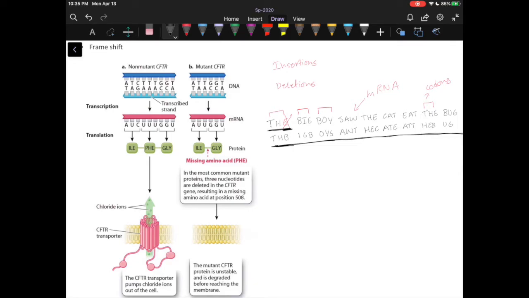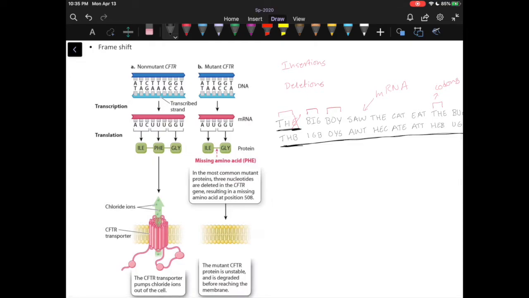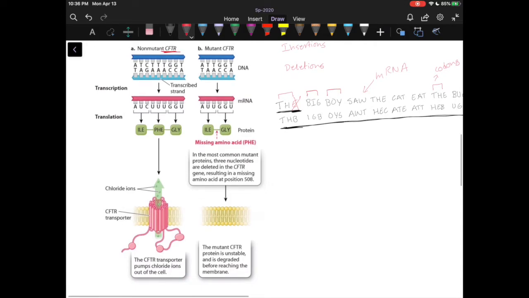But okay, we will talk now, first of all, about an example of a deletion. So this example relates to a disease known as cystic fibrosis. And basically there is a protein known as the CFTR protein that is essential for a normal person who does not have cystic fibrosis.